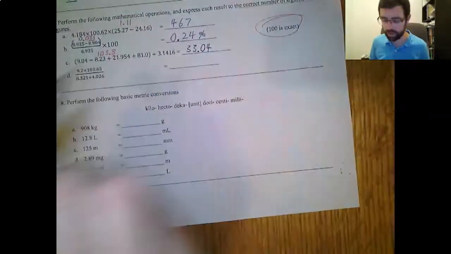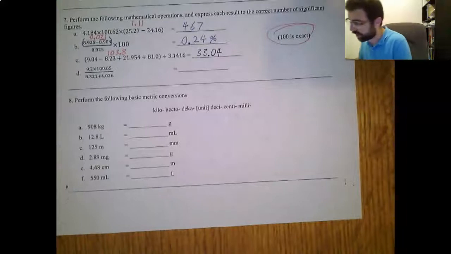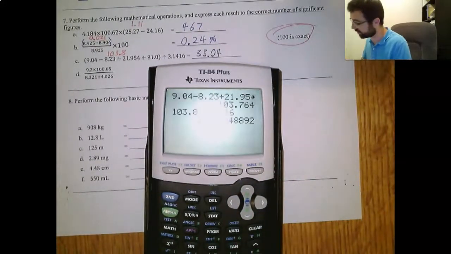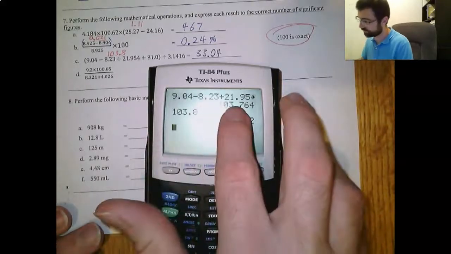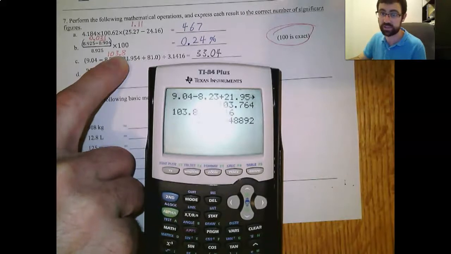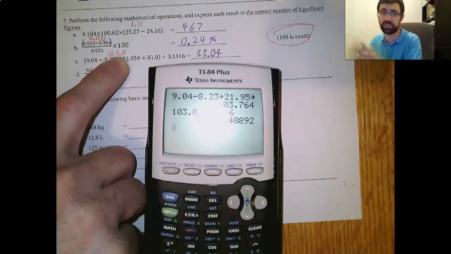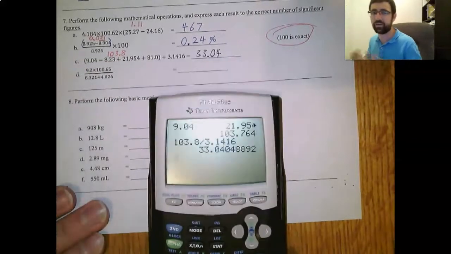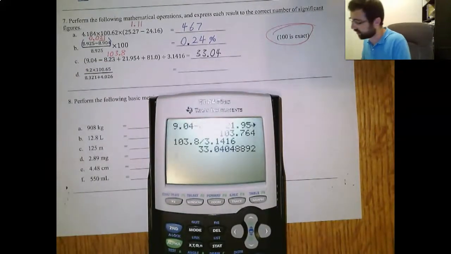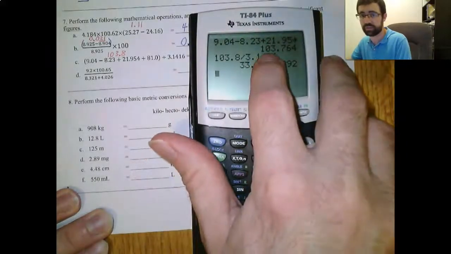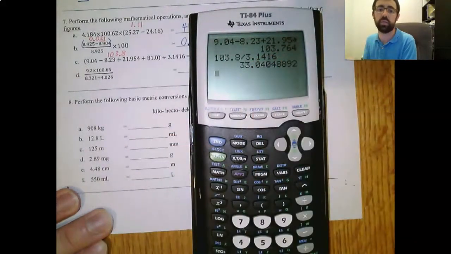One quick thing about this. It would be totally acceptable if you wanted to plug this in. I would still write this here just so that you can keep track of how many sig figs you've got. It has to be rounded to 4 sig figs because of the sig fig rules. But if you want a more exact answer, it would be totally fine to put the exact number in instead of the 103.8.